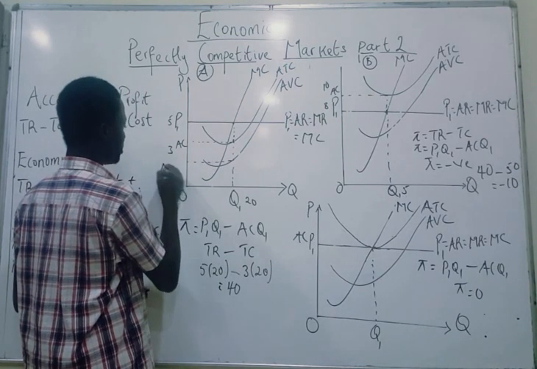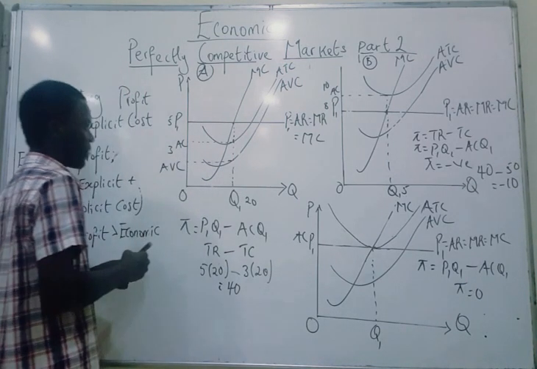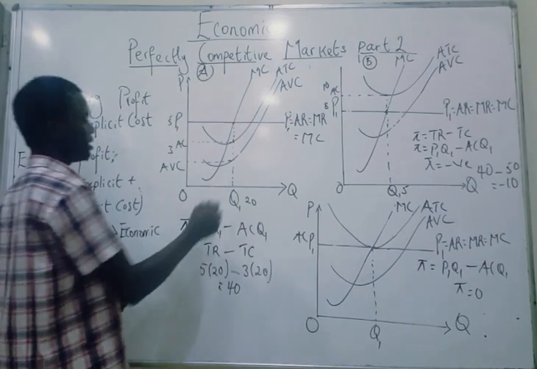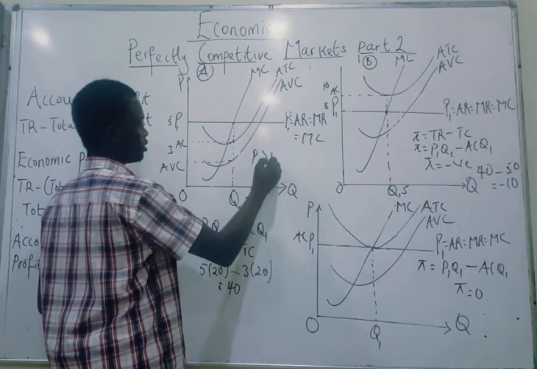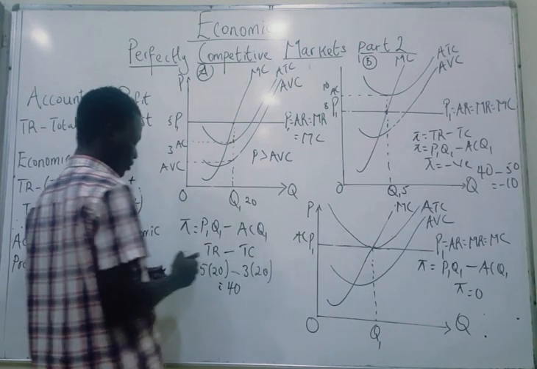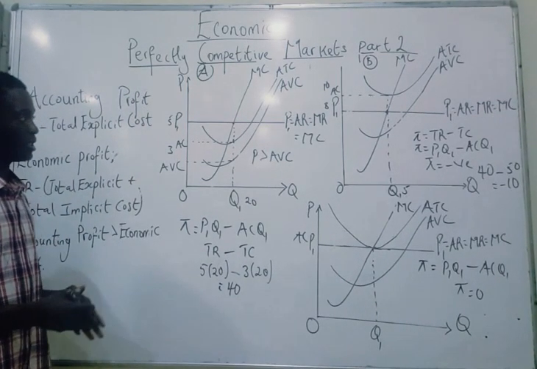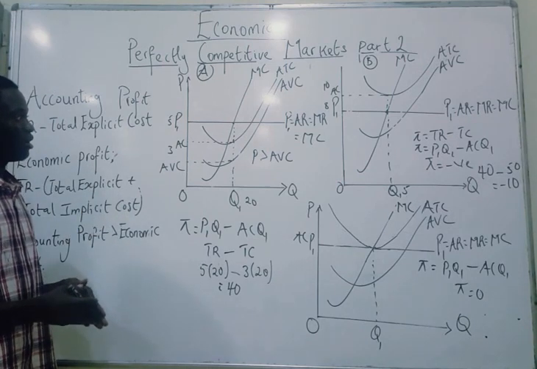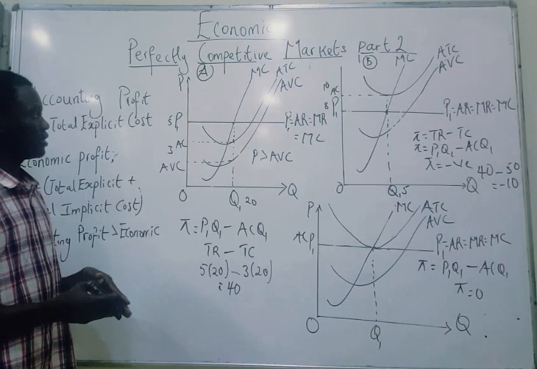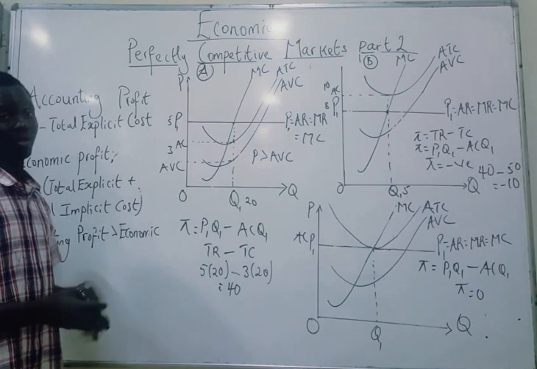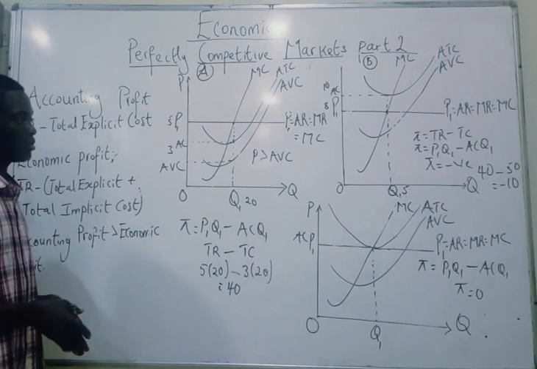So this happens to be the average variable cost. In this particular case, price is greater than the average variable cost. So the firm should not shut down. As we've seen, the firm is reaping a lot of profit. In fact, the price is even more than the average total cost, so this firm doesn't have to shut down at all.